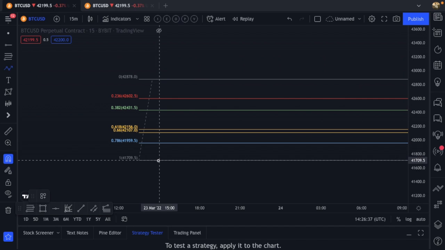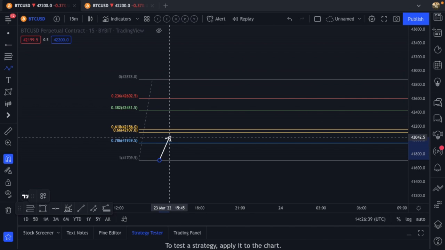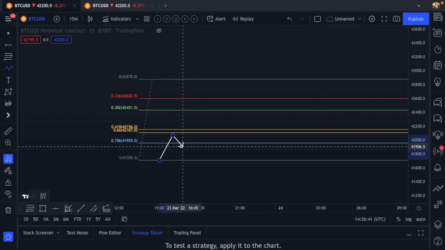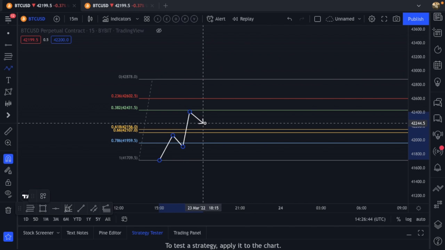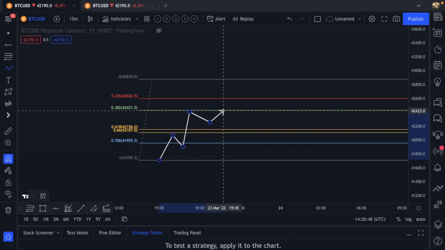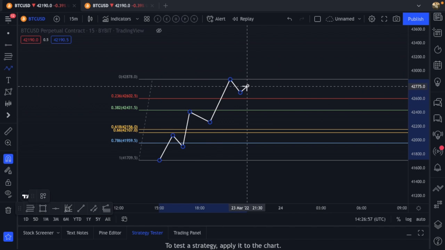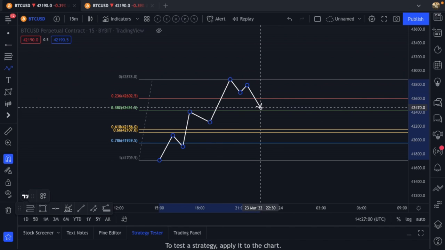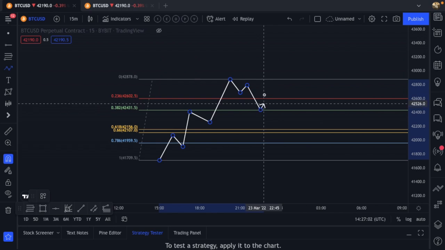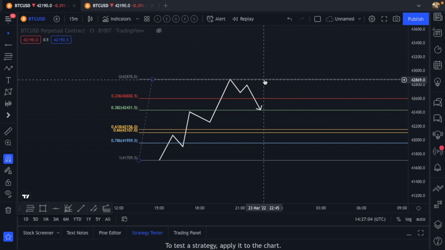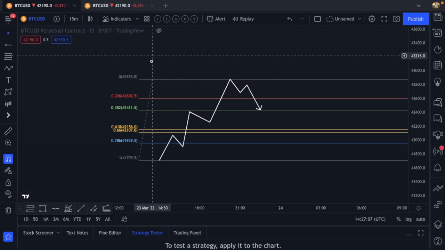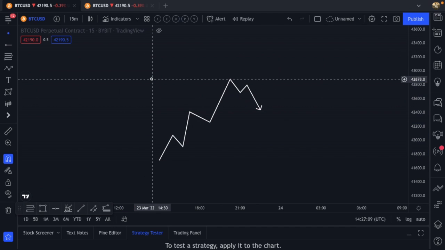Let's pretend here we have a move from a low, bounces around. Okay, then we're going to come down and we're going to retrace to the 382. Okay, so this is what our price action looks like.